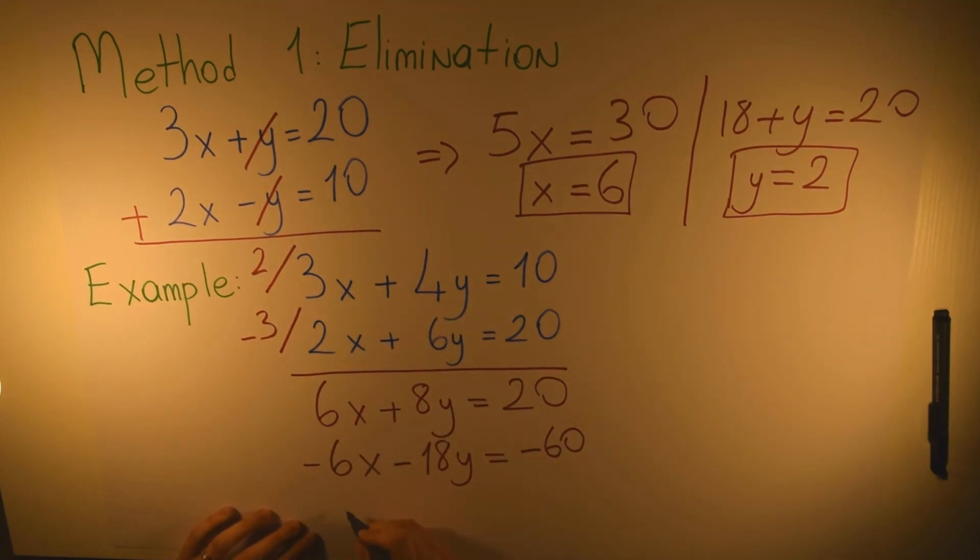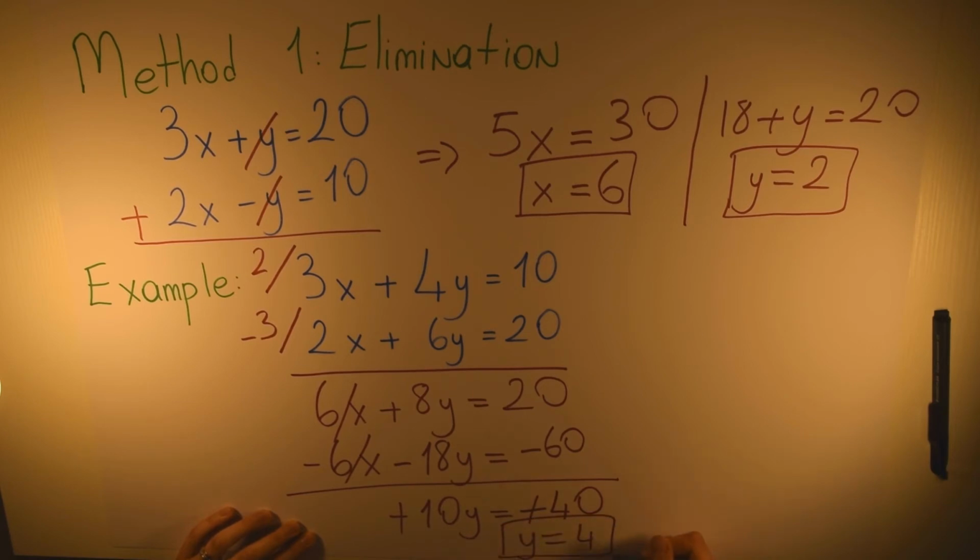So let's do this from here. These will cancel out, plus 8y minus 18y, it's minus 10y, it's equal to 20 minus 60, it's minus 40. So these minus signs become plus when I change their sides, and from here I get y as 4.